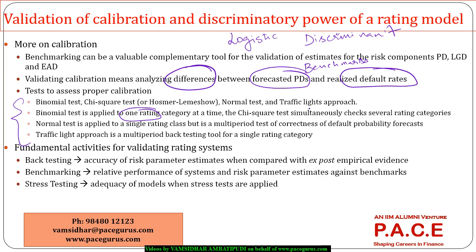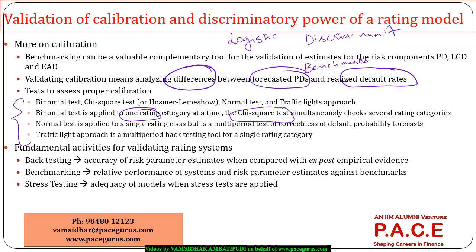But if you want to check multiple rating categories at a time, the predicted, the forecasted versus the actuals, in that case the extension of the binomial test is the chi-square test.